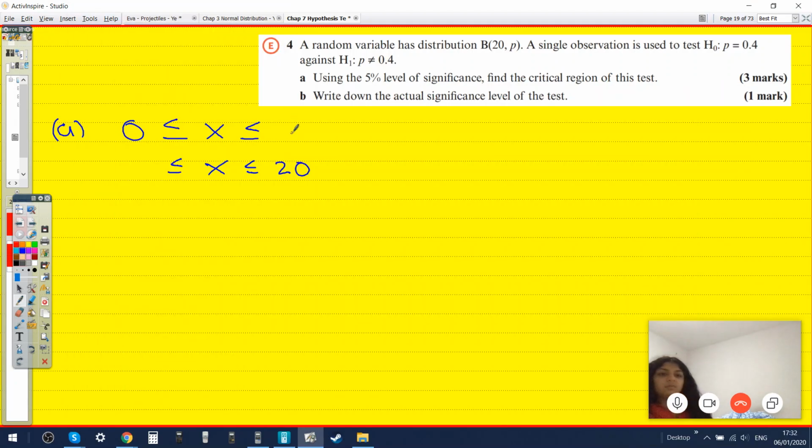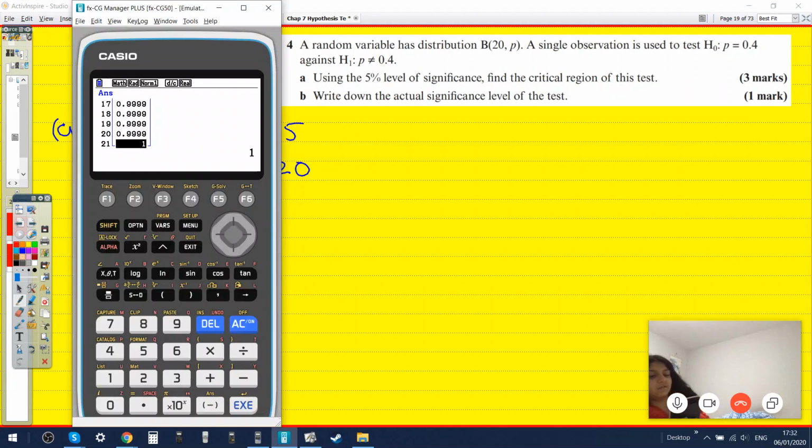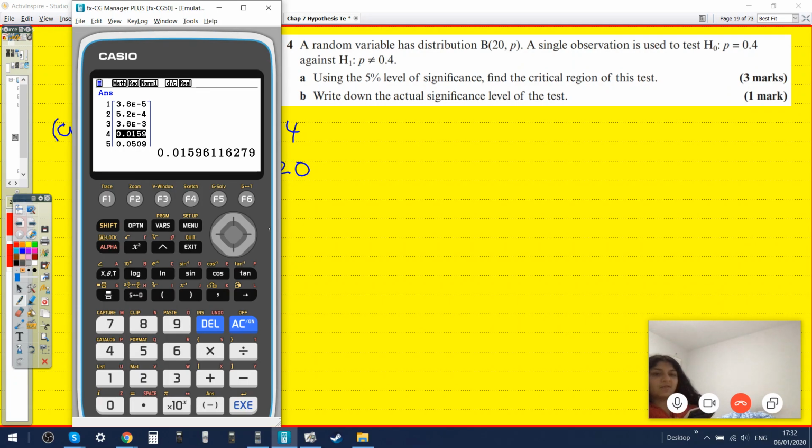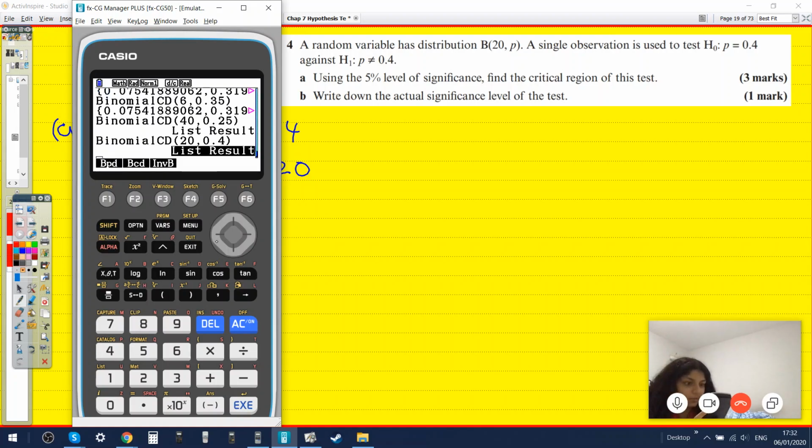It's still x is less than 4. You said x less than or equal to 5, but it should be 4, I think, because of the weird numbers on the calculator. Because that's the first one that goes over 0.025, which is 0.05 divided by 2.